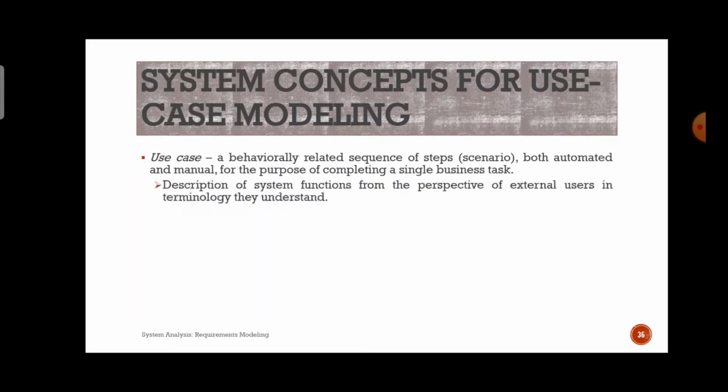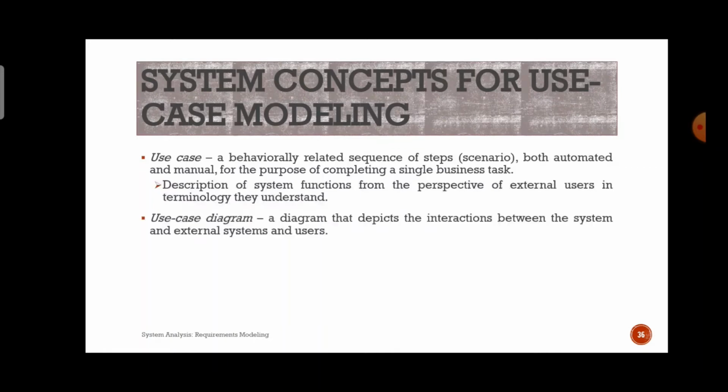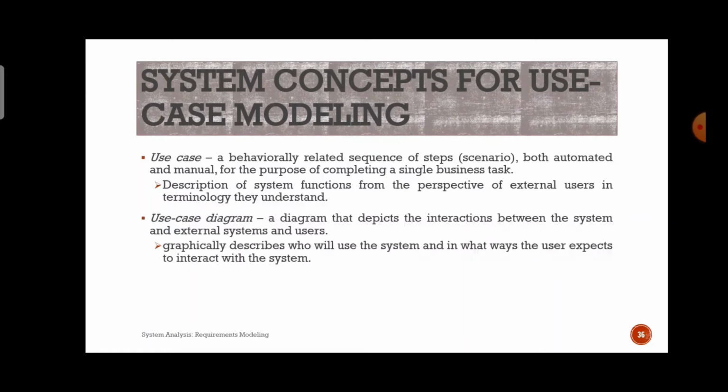It is a description of system functions from the perspective of an external user in terminology they understand. A use case diagram depicts the interactions between the system and the external systems and users. It graphically describes who will use the system and in what ways the user expects to interact with the system.